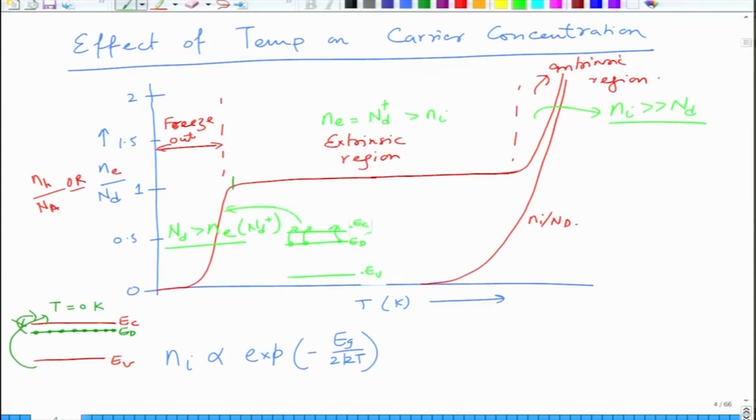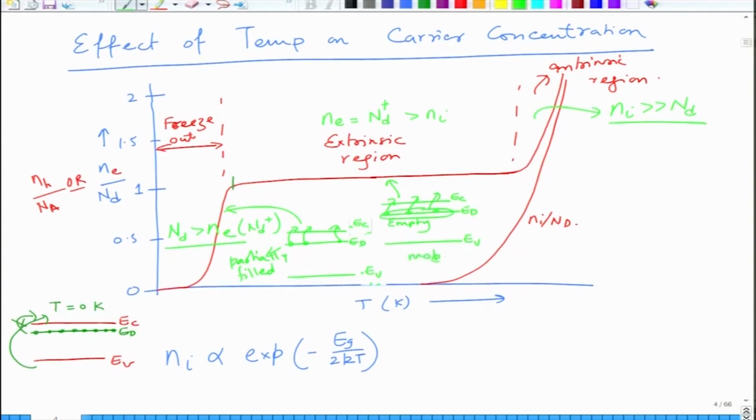Let us say somewhere here, EC, EV, ED, all the electrons from here have hopped over. So this is empty, and this is partially filled.